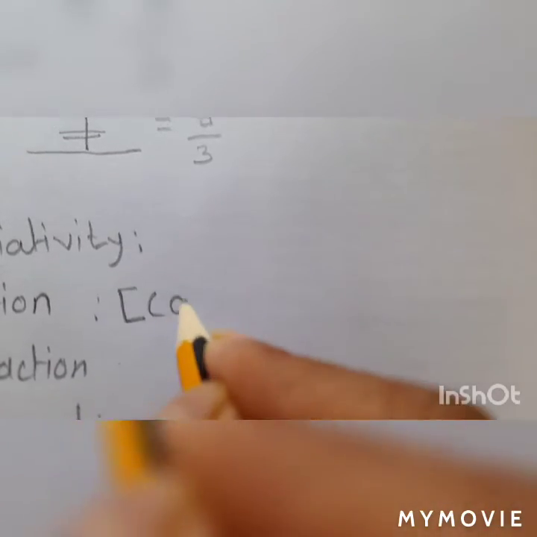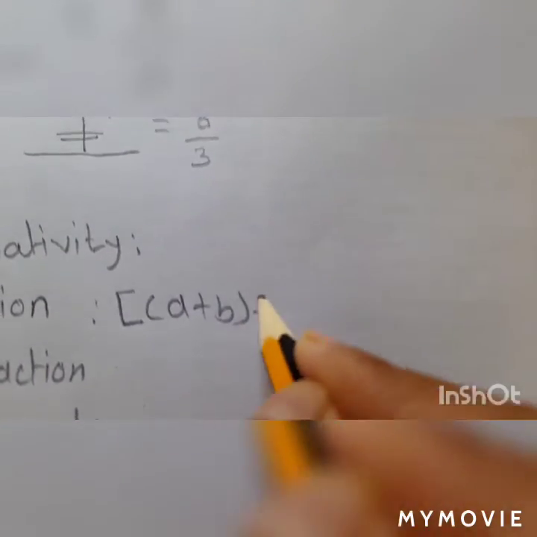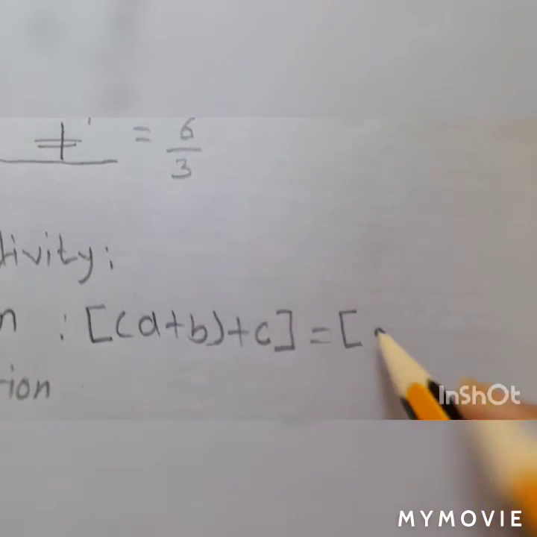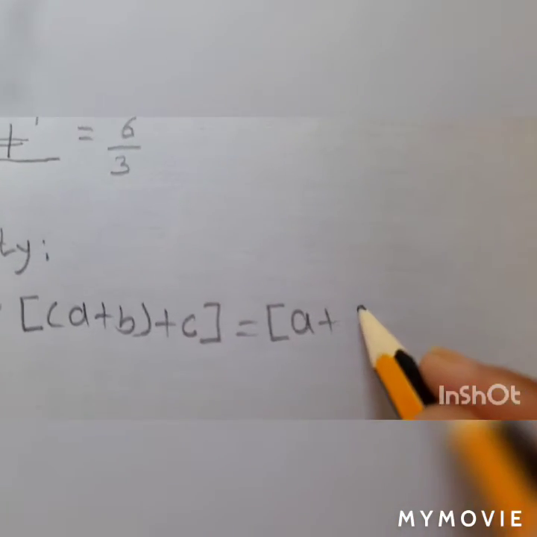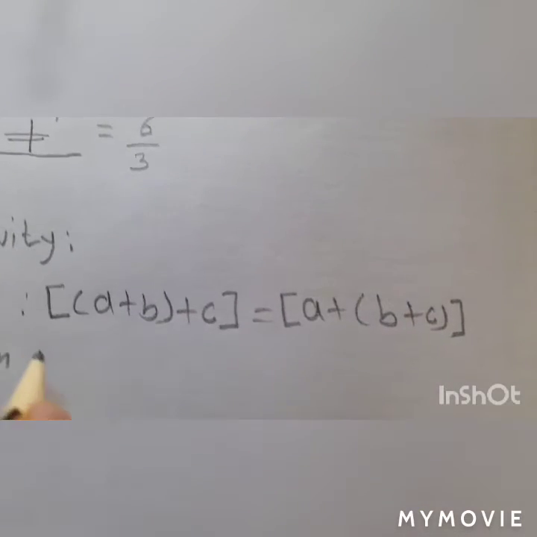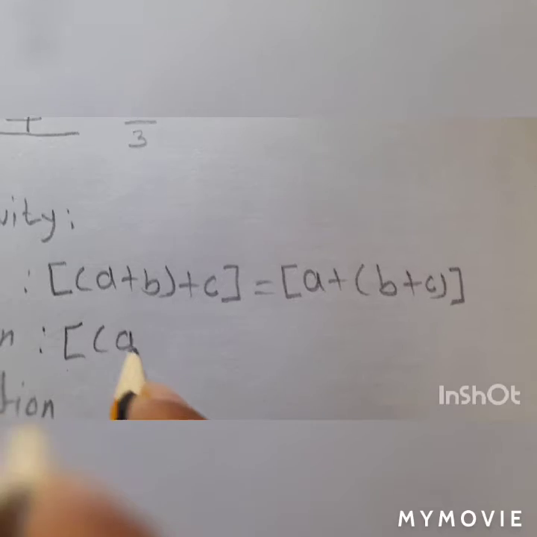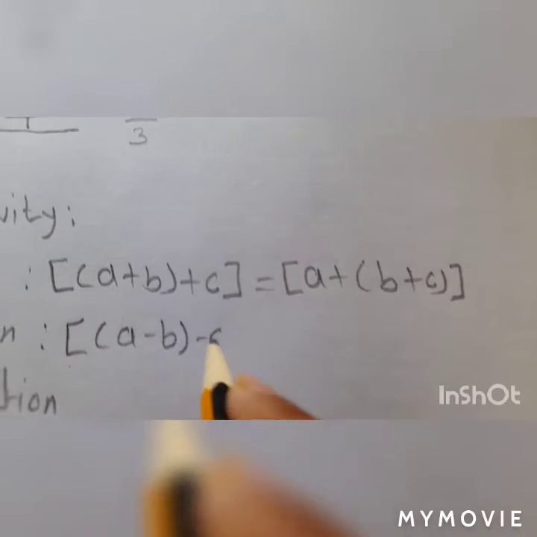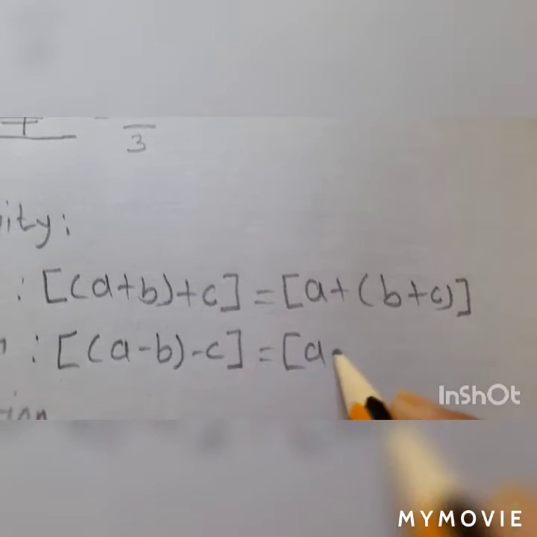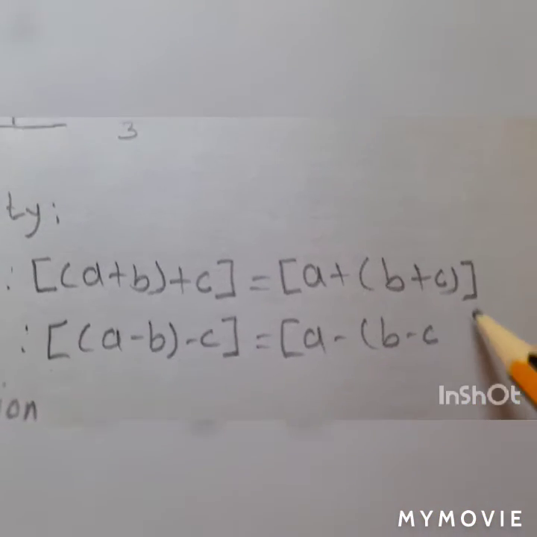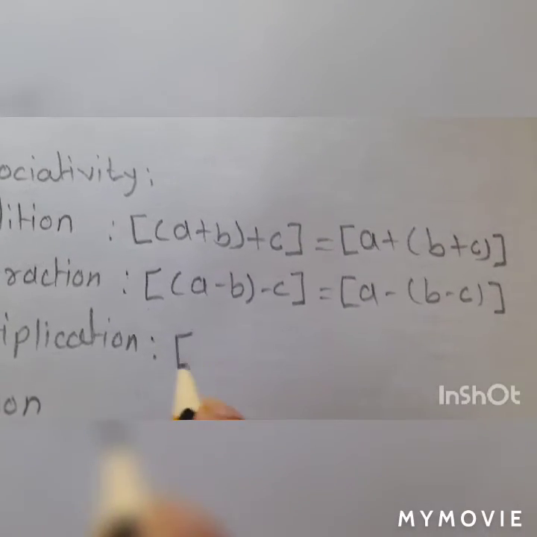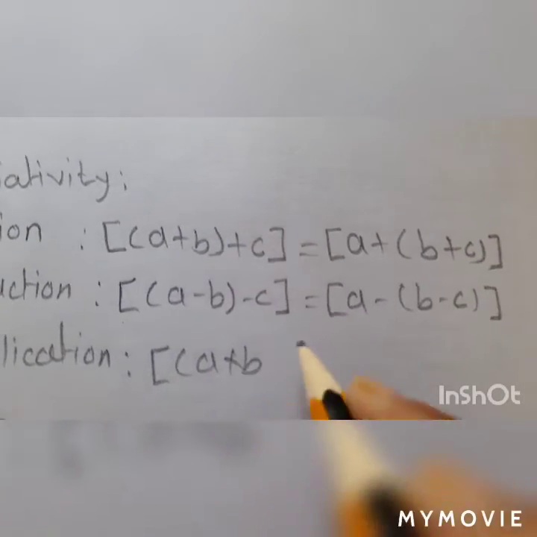Square bracket, in round bracket a plus b, plus c, square bracket complete, equals a plus, in round bracket b plus c, square bracket complete. For the subtraction, a minus b in round bracket and minus c is out of the bracket. And same for multiplication and division.